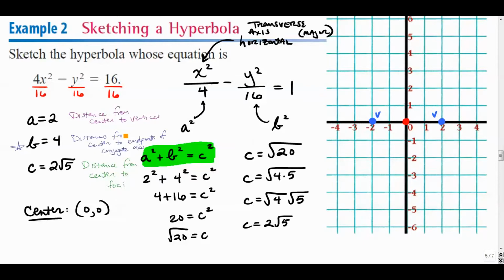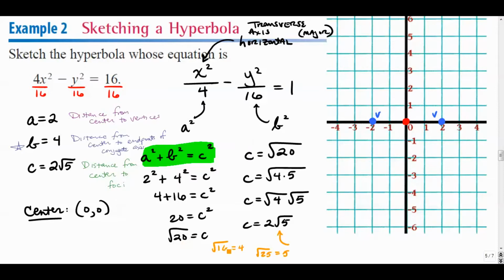And 2 radical 5 is the same as the square root of 20. If you want to think about what that is in terms of a decimal, it might be helpful, and we can sort of ballpark that. We don't have to use a calculator. You can, but think about it. We know the square root of 16 is 4, and we know the square root of 25 is 5.